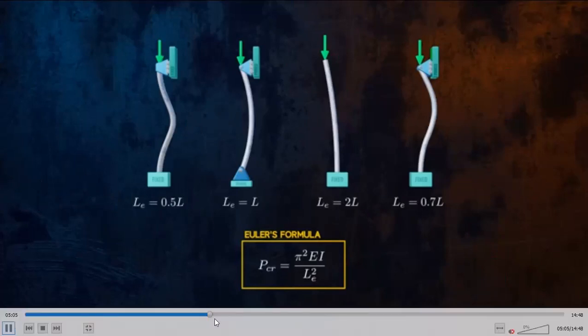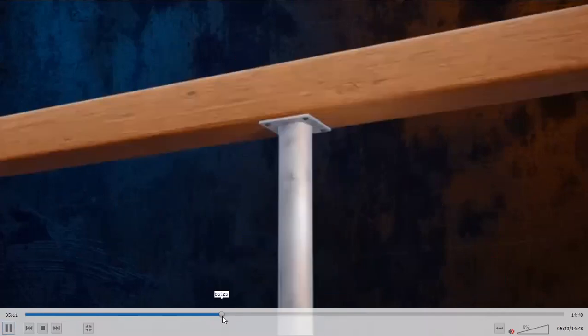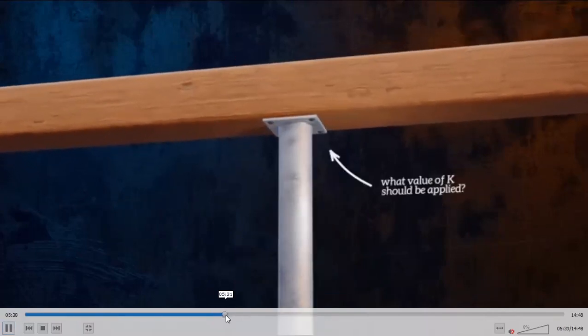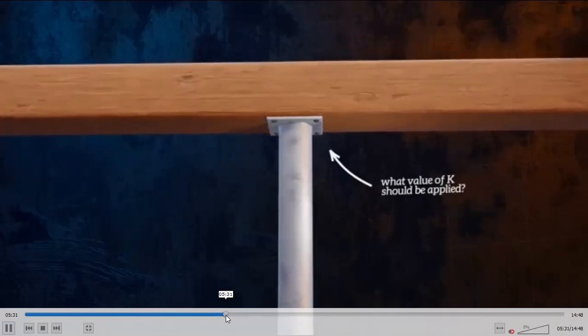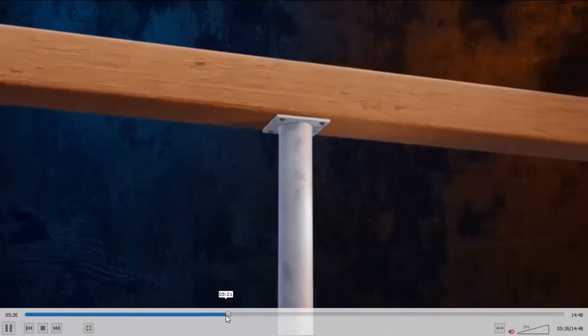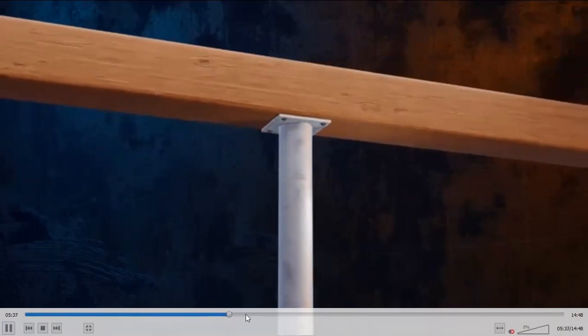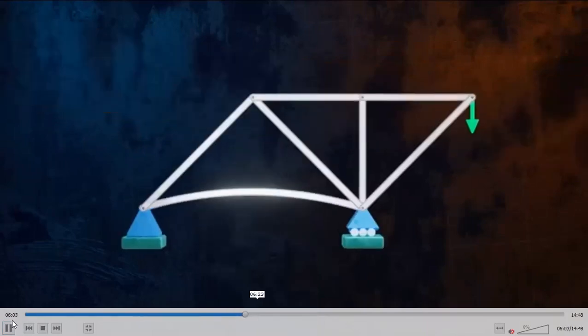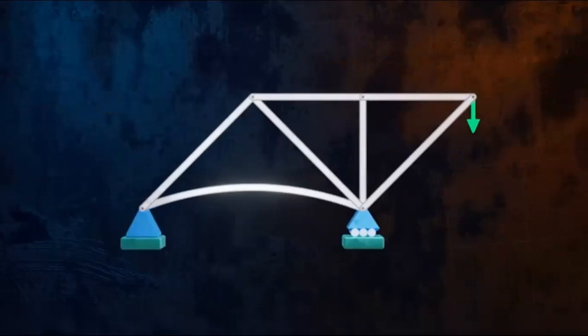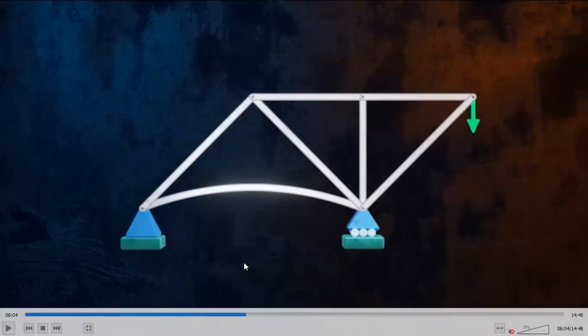What K value should be applied is based on our assumptions when you design a building, right? Even in trusses, you have compression members, so you should ensure that they will not fail by buckling, right?